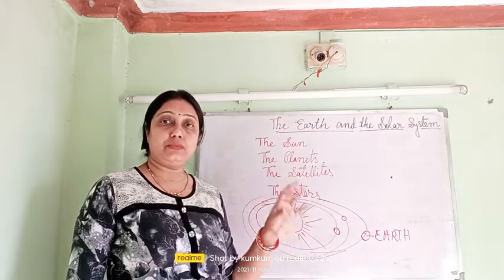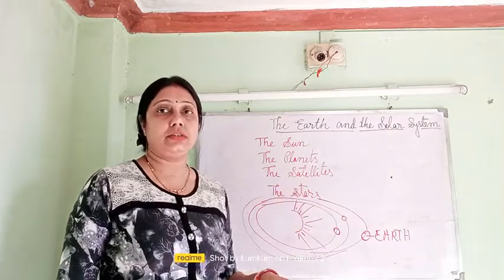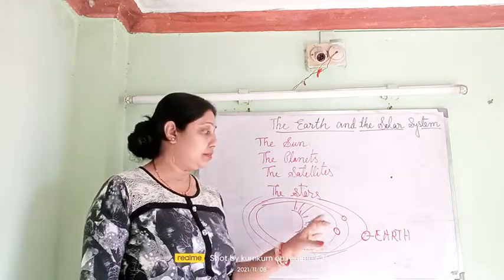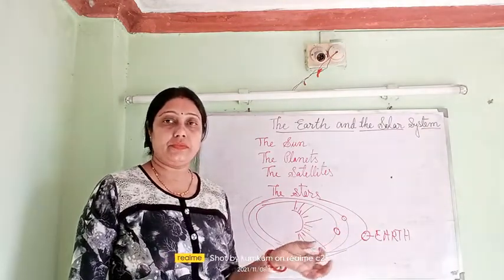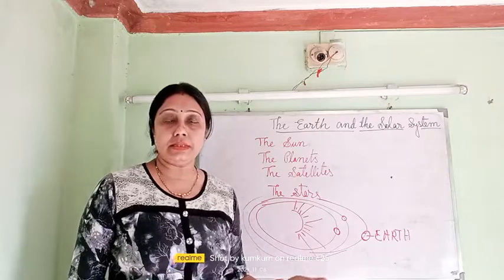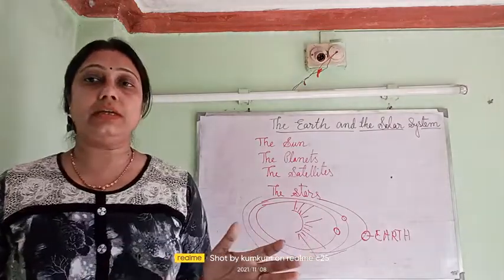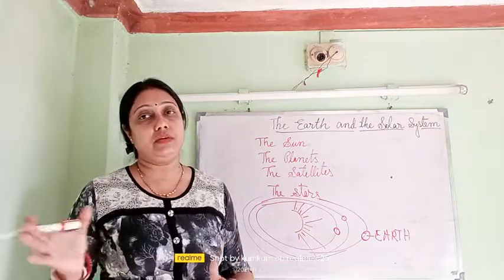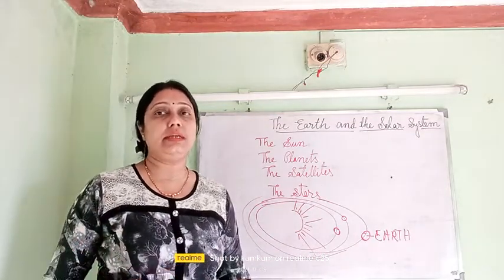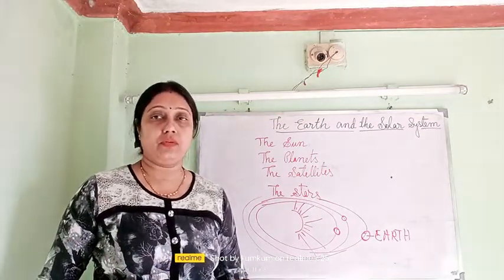And the position of the Earth is such that it is suitable for sustaining life. That means the atmosphere and everything is right for the survival of living organisms. That's why there is life on the Earth.